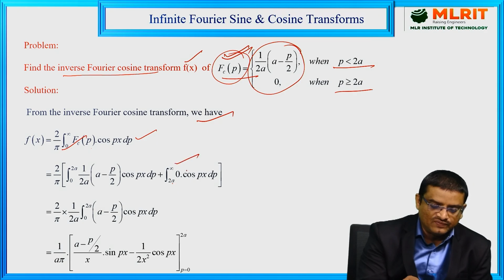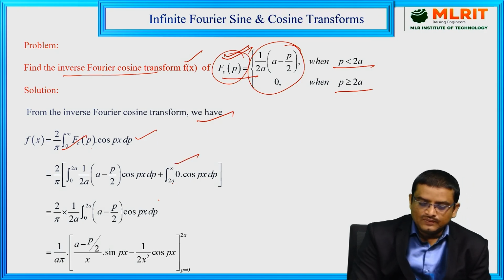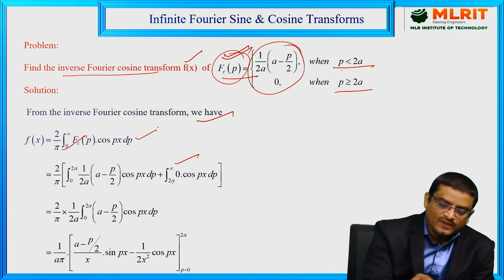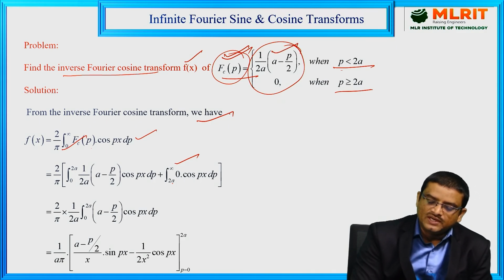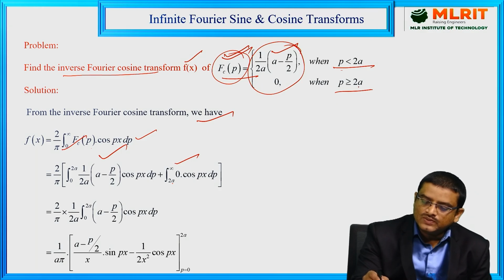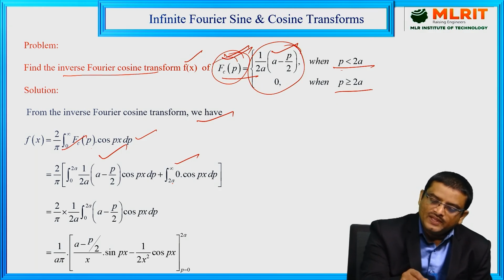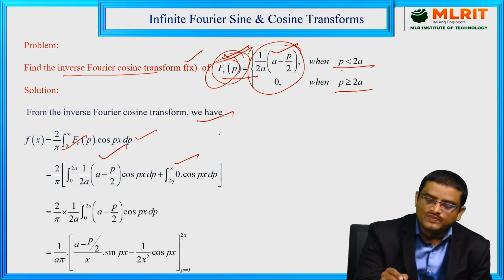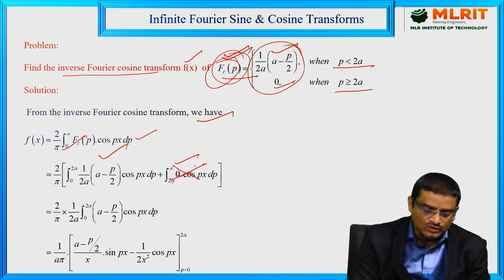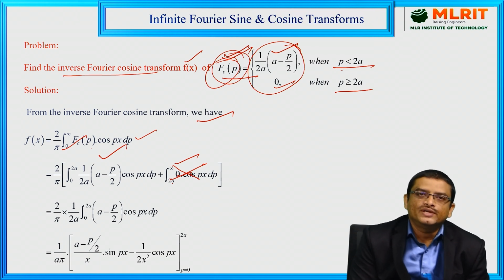Whenever that p value lies between 0 to 2a, this is the value he has given for that f suffix c of p. Substitute. And whenever p lies between 2a to infinity, then its Fourier cosine transform is given as 0. You replace that 0, so the second integral becomes 0. 0 into anything equal to 0. Integral of 0 is 0.